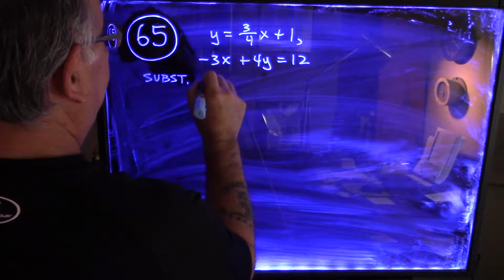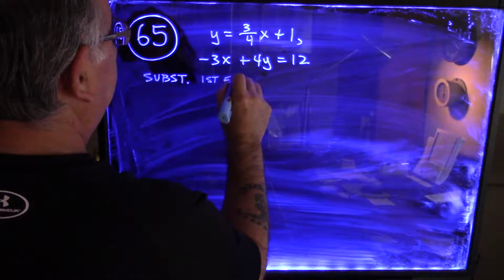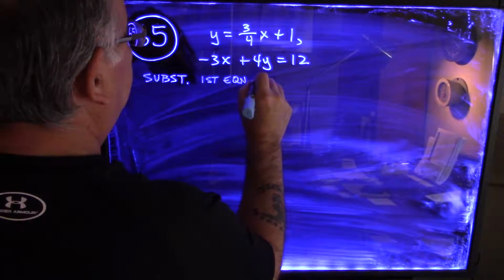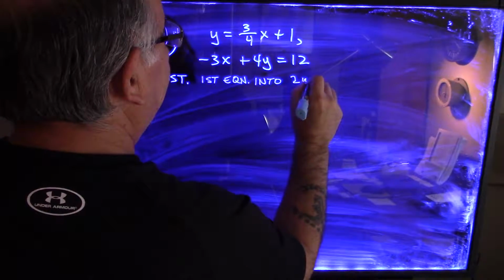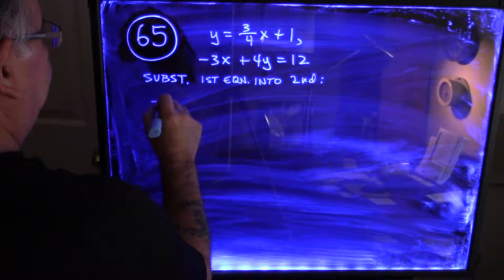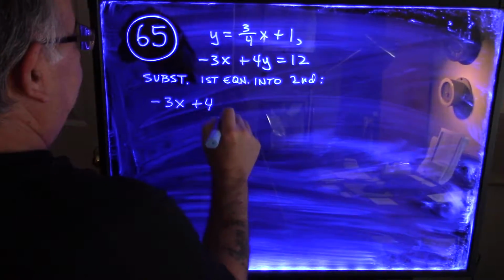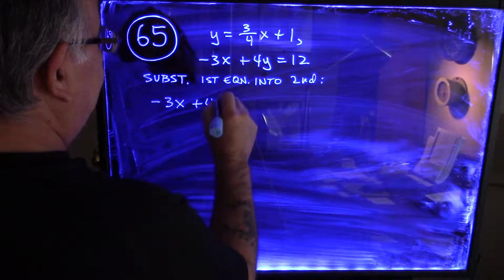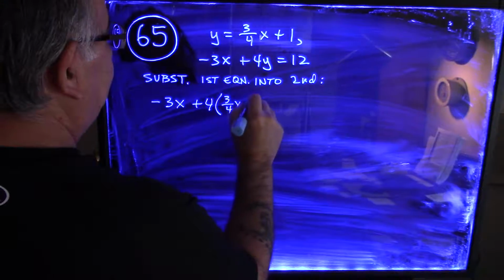the first equation into the second. All right, and then we'll solve for x. So negative 3x plus 4, and then times all of this, 3/4 x plus 1.